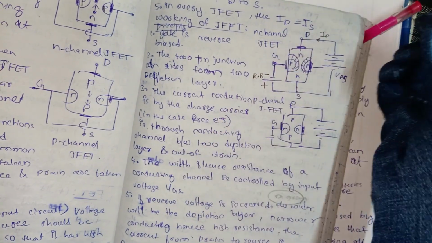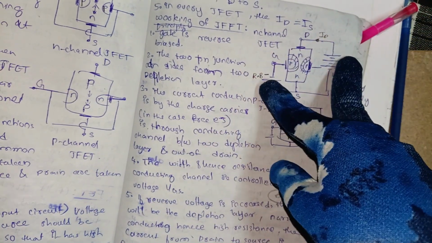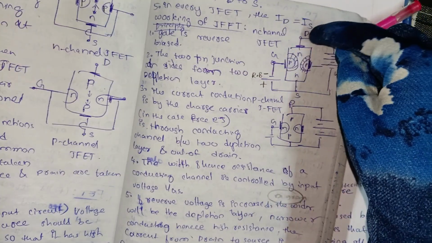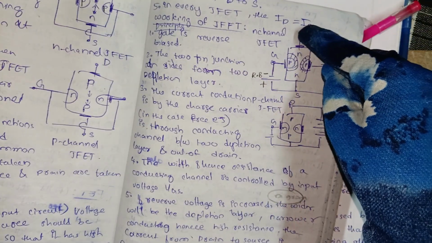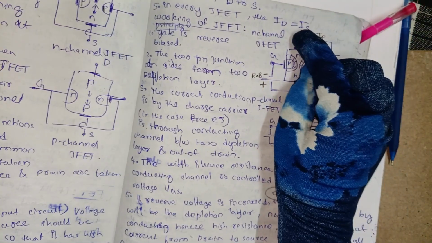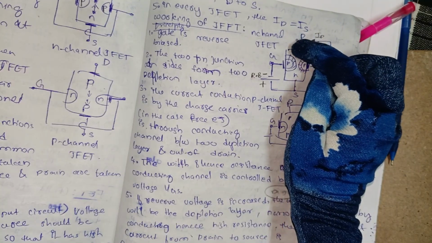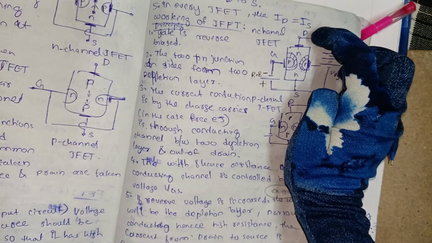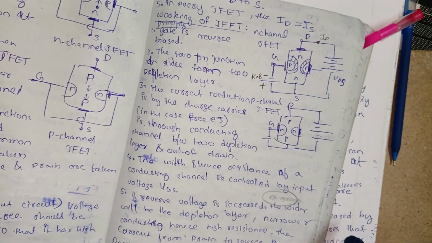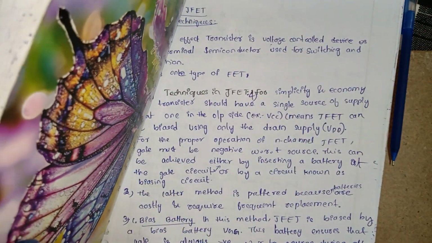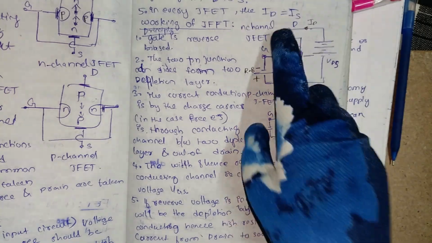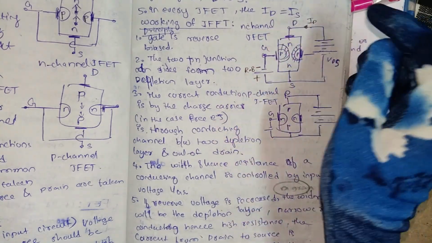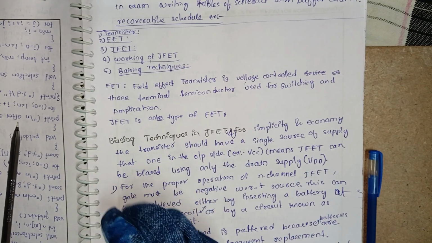Here we are requiring two voltages, so biasing means we require only the VDD voltage. Here we apply a VDD voltage, so that biasing is done by it.